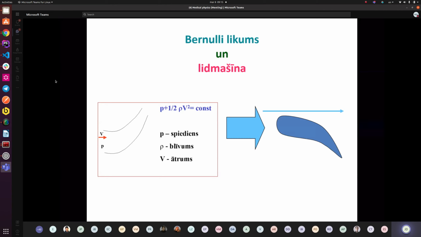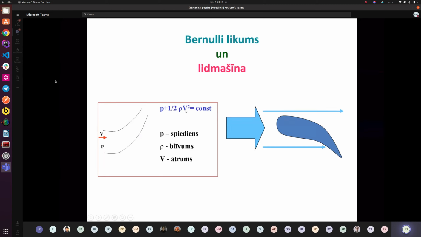Here, the airflow doesn't have any resistance, which means the velocity of the airflow here is very high. However, here, the airflow has a resistance because of the wing. The velocity is lower. If the velocity is high, the pressure is lower.